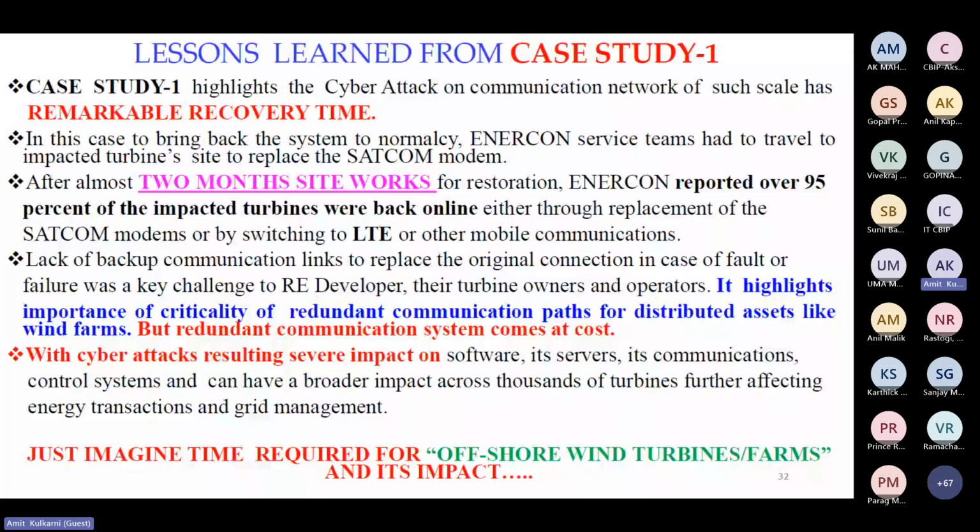The STU, the state transmission utility, who gives approval for getting grid connectivity. So all this needs to be looked into in a policy framework scenario if we need to ensure that redundant communication has to be there.